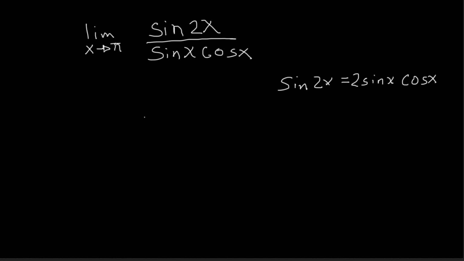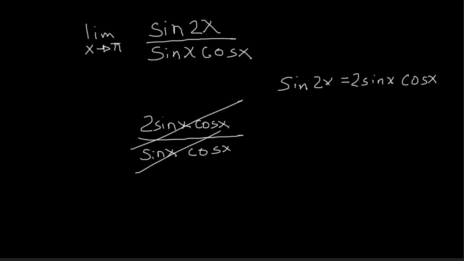So we have 2 sine x cosine x over sine x cosine x, and so you can see then that those cancel and we're just left with the 2.